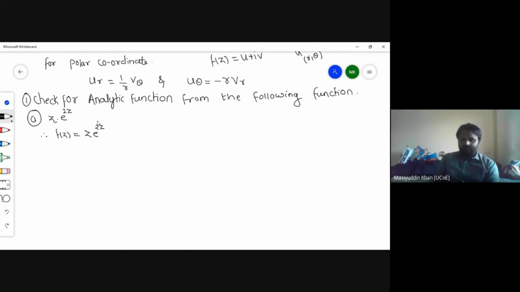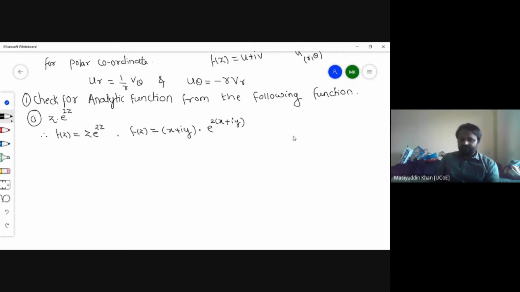All of you are aware of this. So f of z is equal to x plus iy into e raised to 2 times x plus iy. I can write z is equal to x plus iy.